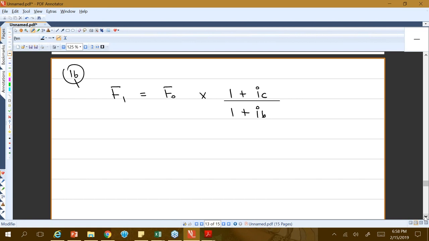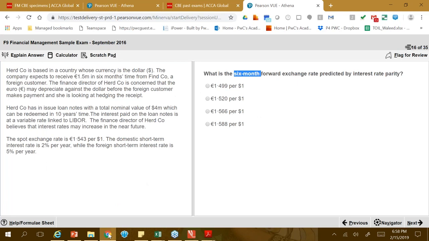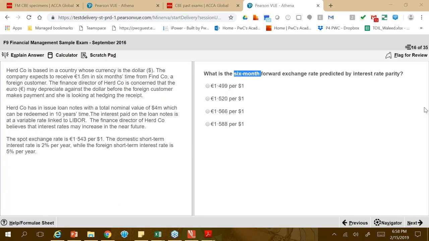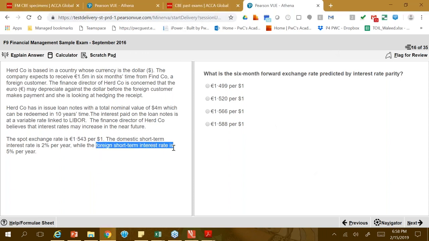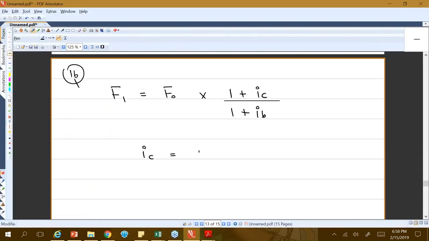What is the IC in this question, which is given to us? If you look at the last paragraph, what is the interest rate abroad? Yes, the foreign short-term interest rate is 5% per annum.